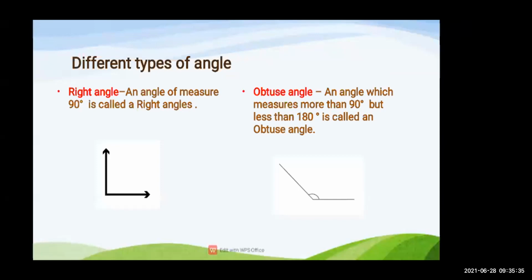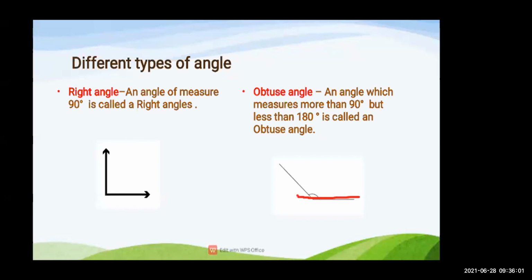Now next is obtuse angle. Obtuse angle means what? An angle which measures more than 90 but less than 180 degree. That type of angle is an obtuse angle. You can see over here in this figure.